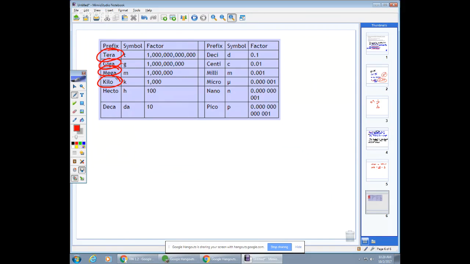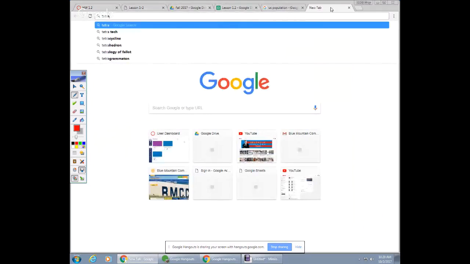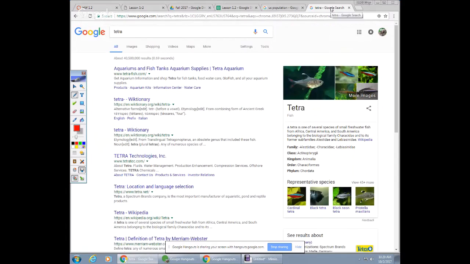Is tera different than tetra? Tetra usually means something to do with 4. Google that. Dictionary. Ancient Greek. Tetra technologies. Wikipedia. Several freshwater fish.